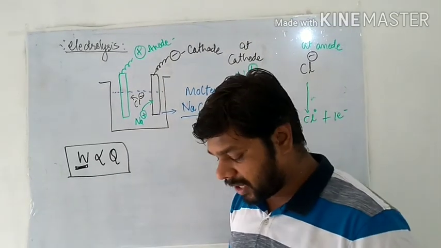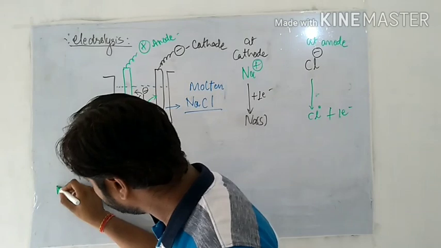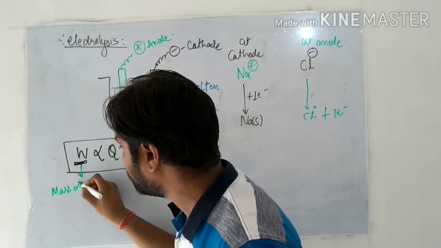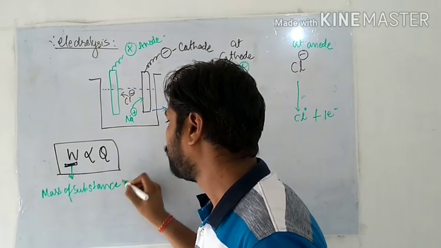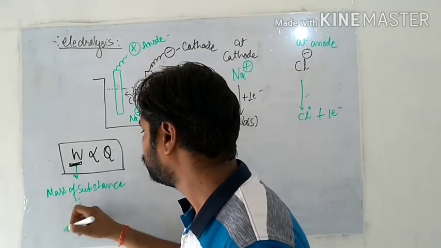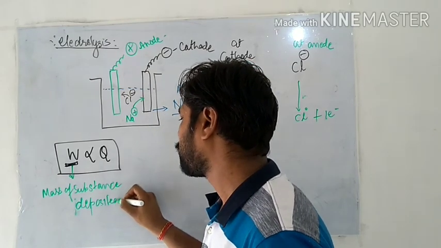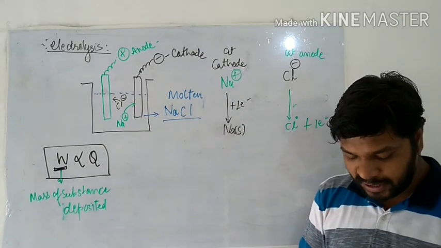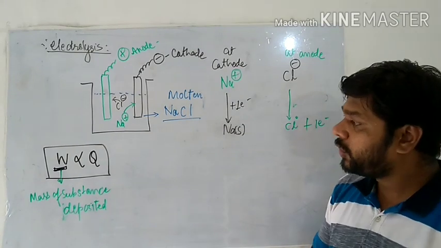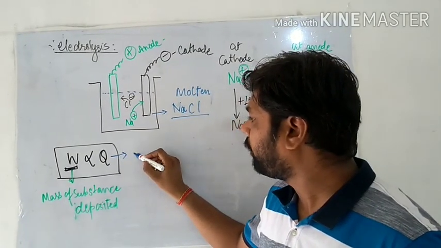W is the mass of substance deposited, and Q is the amount of current passed.